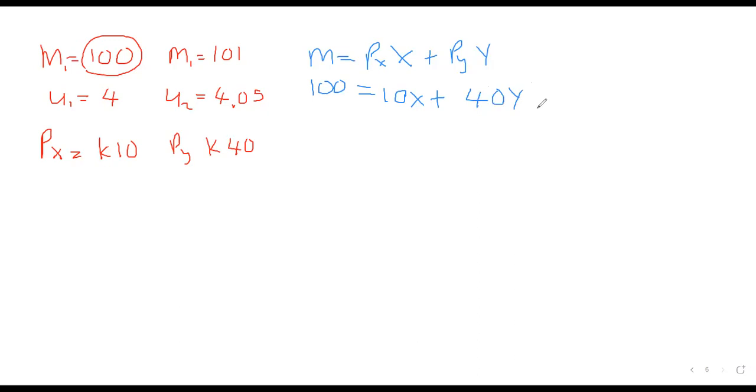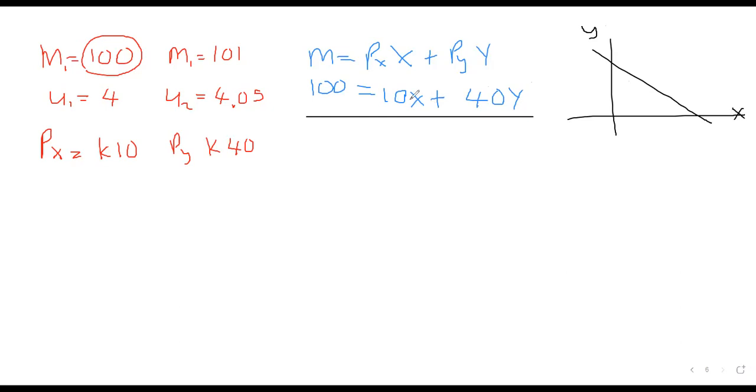Right. So we're going to sketch this. How does it look? On the Y and the X, you cut the Y at what? We divide to get the intercepts. 10 into 100 is 10. 40 into 100 is 2.5.